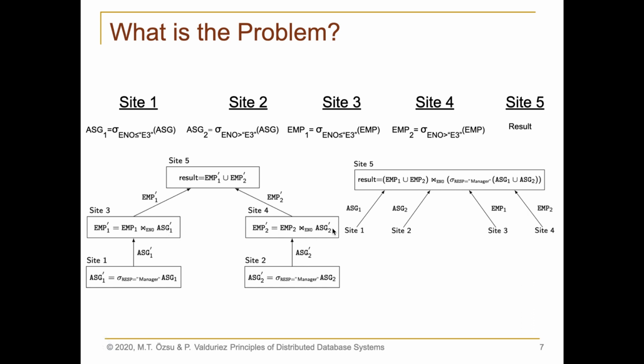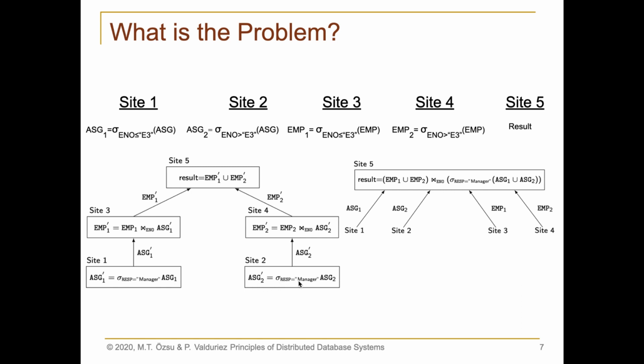And the same is true for this one. So during our assumption, we said the total number of managers in the assignment relation is 20, and data is distributed uniformly across the network sites. So for that purpose, we assume assignment 1 prime is exactly 10 tuples large, and assignment 2 prime is also 10 tuples large.